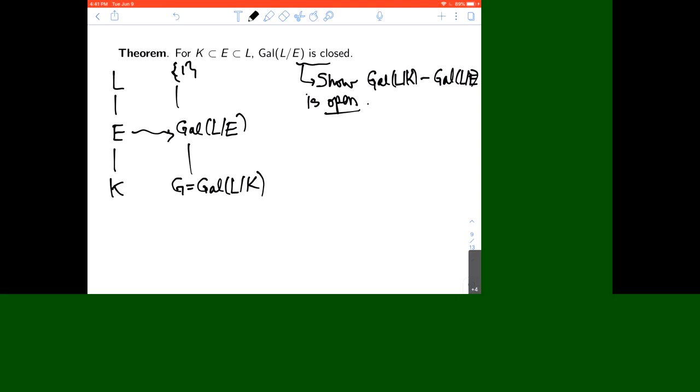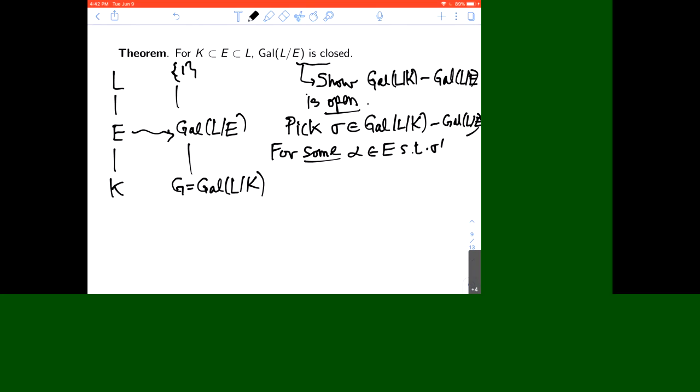Okay, so we're going to pick an element sigma in the big Galois group that is not in the Galois group of L over E. And so what that means is there has to be something in L that is moved by sigma, call it alpha.